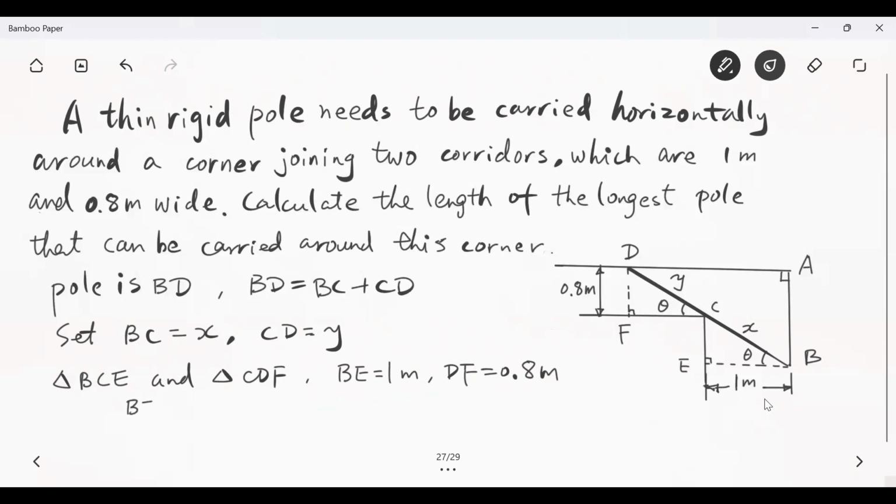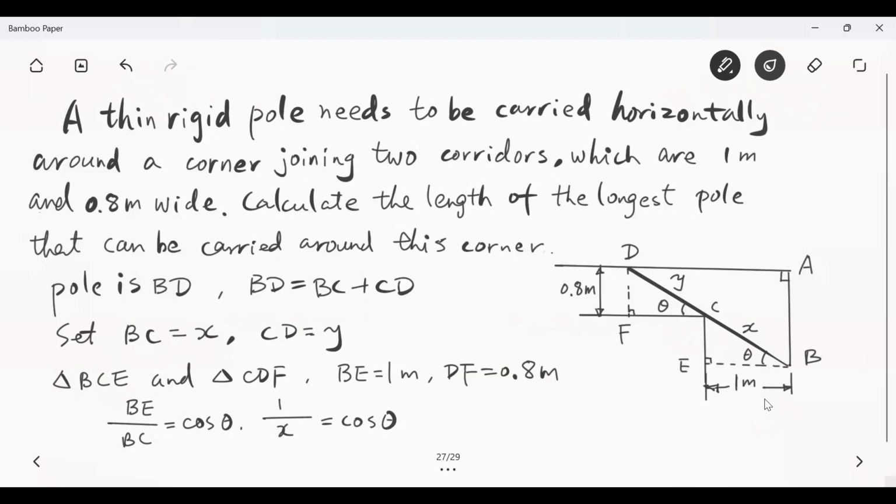BE over X, right? BC equals cosine theta. That means 1 over X equals cosine theta. This is in the triangle BCE.